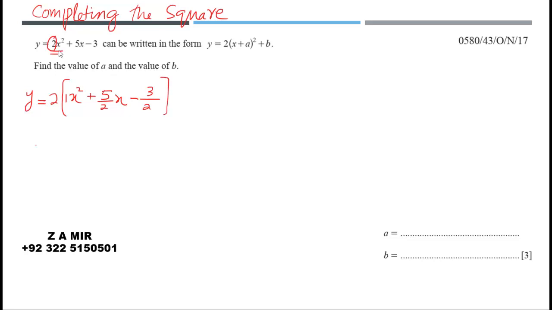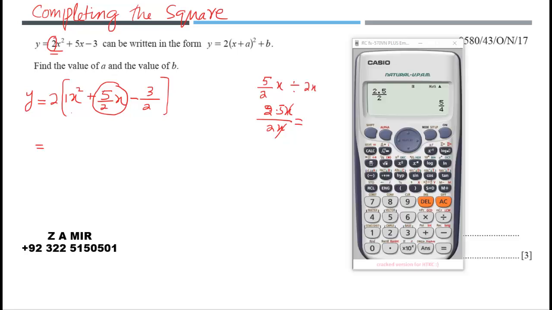Okay, now the next step is we will divide the middle term by 2x. Always we divide the middle term by 2x. So 5 over 2 x divided by 2x, or we can write it as 2.5x divided by 2x. Okay, x cancels with this x, so 2.5 over 2 is 5 over 4 or 1.25.